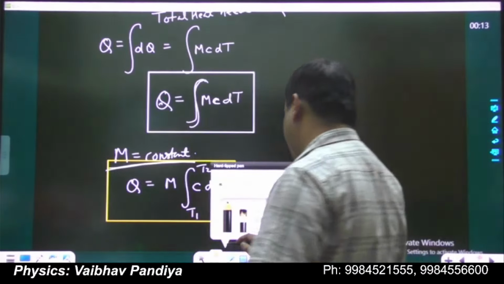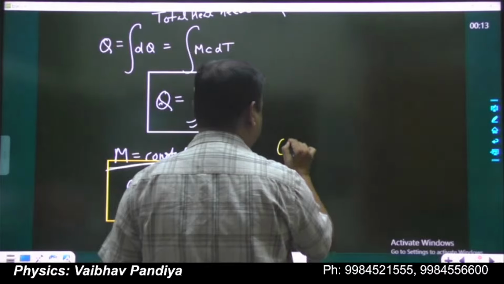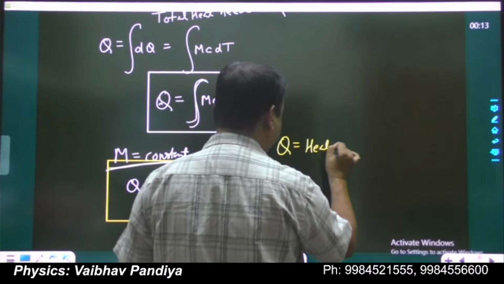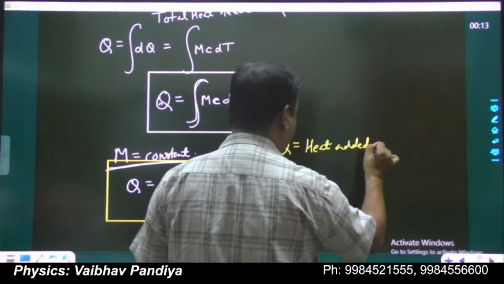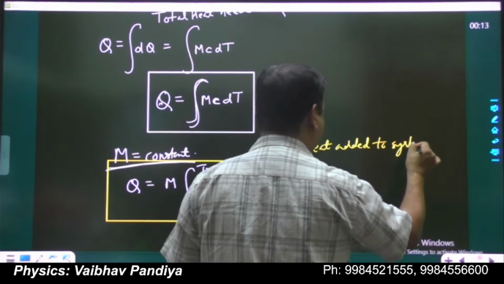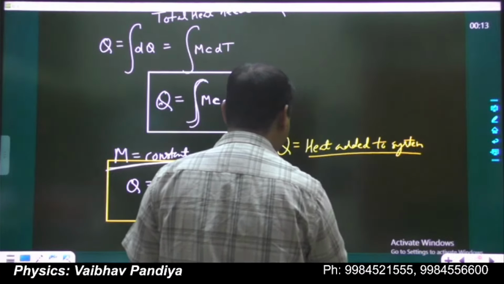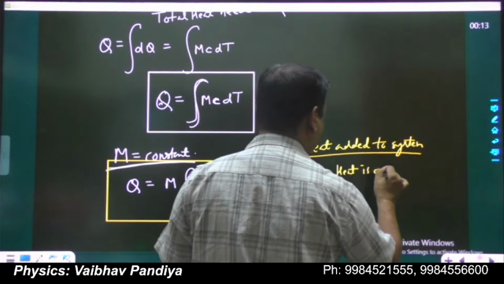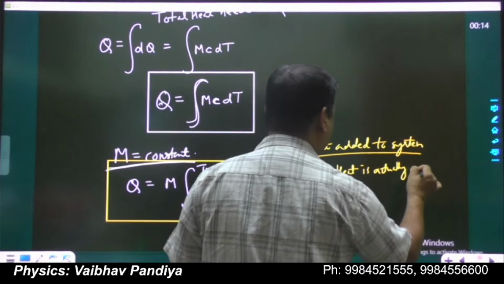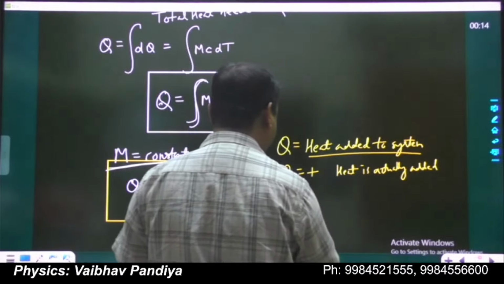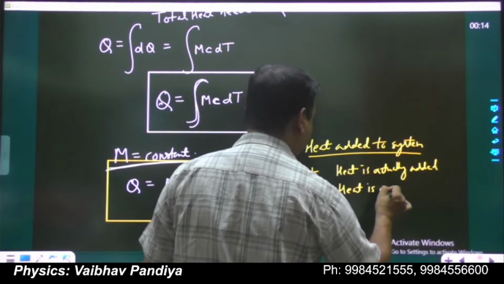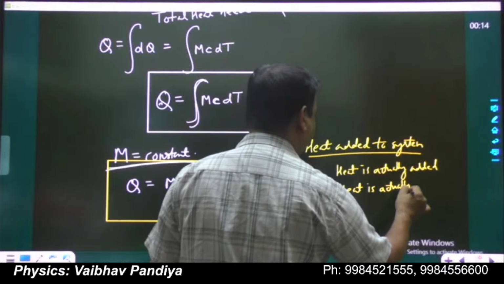And you know, as I told you in lecture 1, in our convention, in our model, Q will denote heat added to the system, okay? So if Q comes to be positive, heat is actually added, that we have seen in lecture 1, and if Q is negative, it means heat is actually lost.